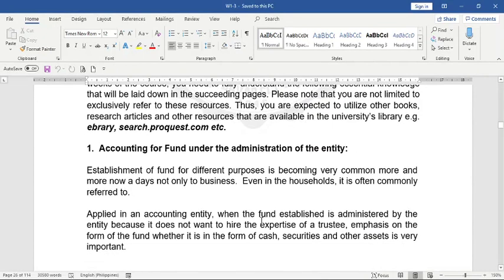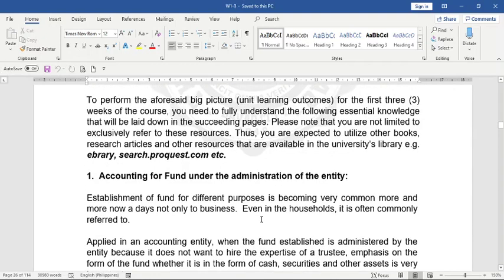What is the reason why the company will establish a fund? It says here that the establishment of funds for different purposes is becoming more and more common nowadays, not only to business. Because we need to establish a fund, especially if you have a project, a big project. And of course, for contingency, for insurance, and many others.